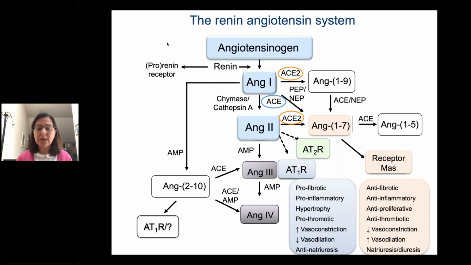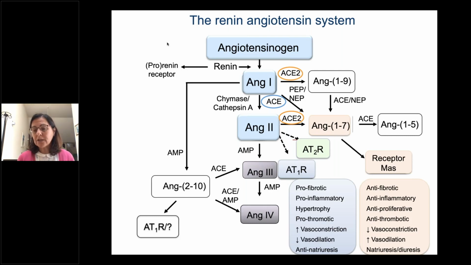Angiotensin 2 is a very potent vasopressor peptide. It is profibrotic, pro-inflammatory, hypertrophic, and it also causes retention of sodium, important processes in many cardiovascular diseases. On the other hand, production of angiotensin 1-7 from angiotensin 2 through ACE2 activity and binding of Ang 1-7 to receptor Mas has opposite effects for all intents and purposes to activation of the AT1 receptor.